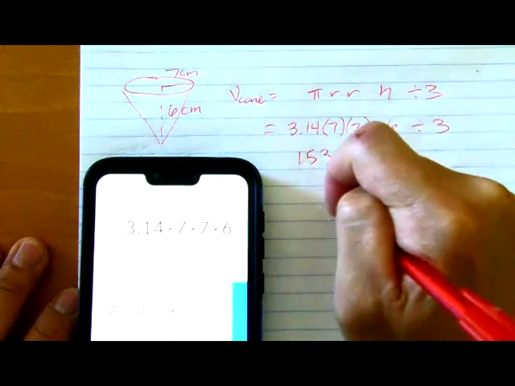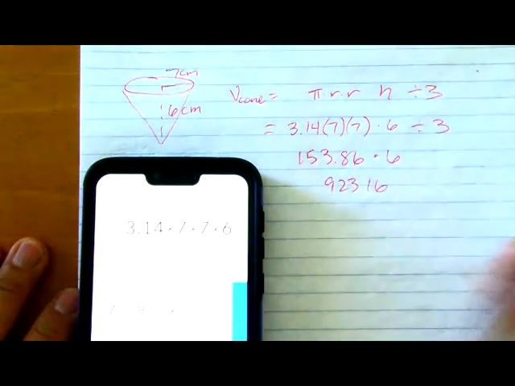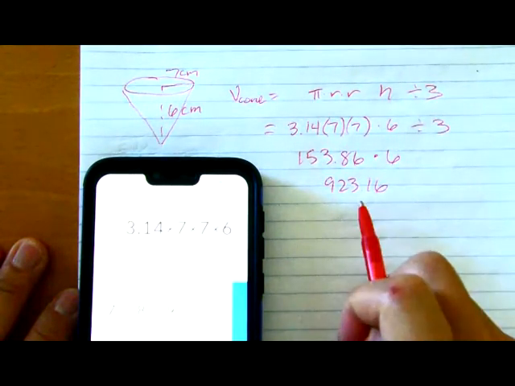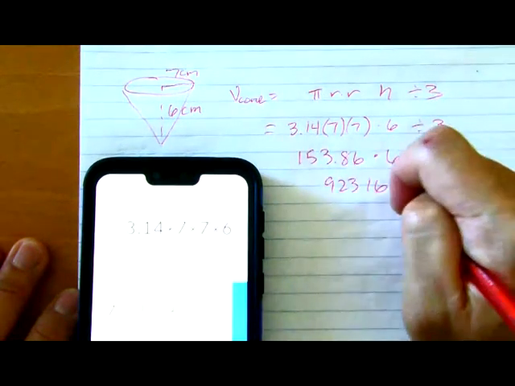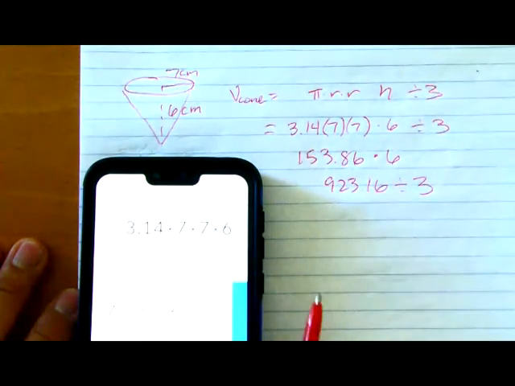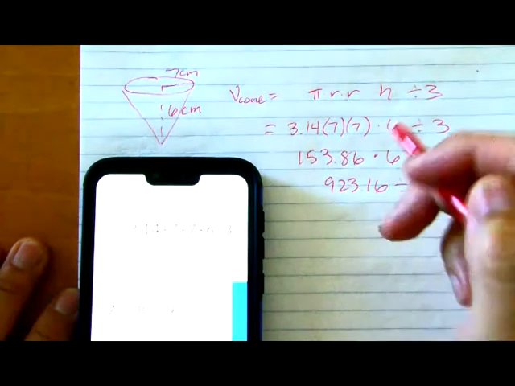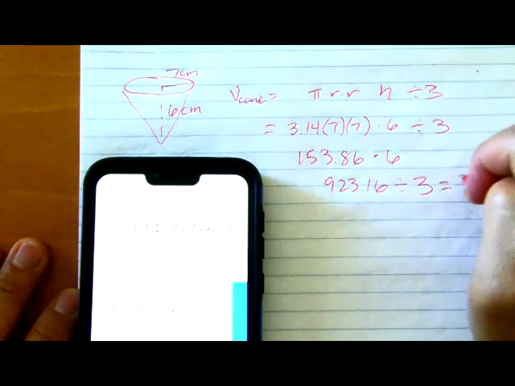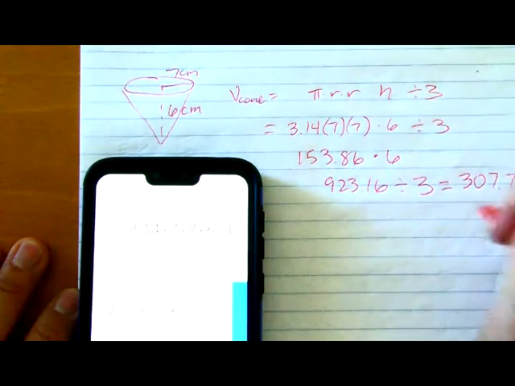This will give us 923.16. This would be the volume of a cylinder, but since it's a cone, we have to divide by 3. This will give us 307.72 cubic centimeters.